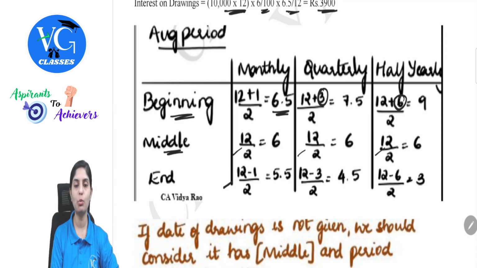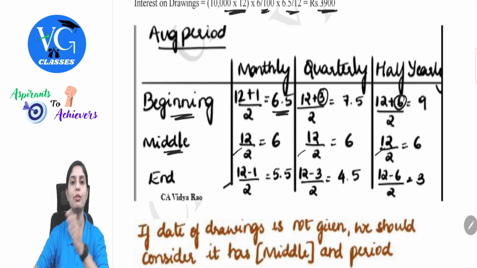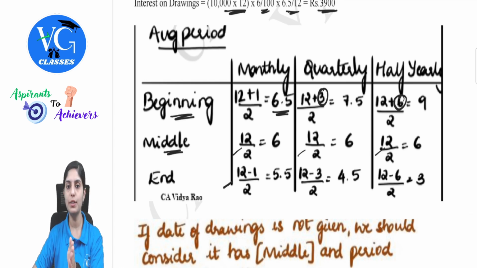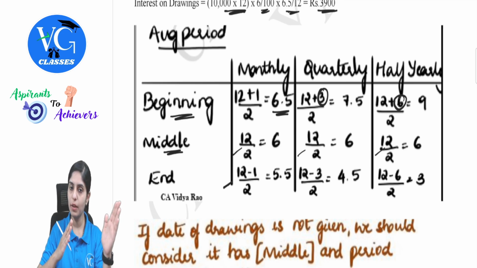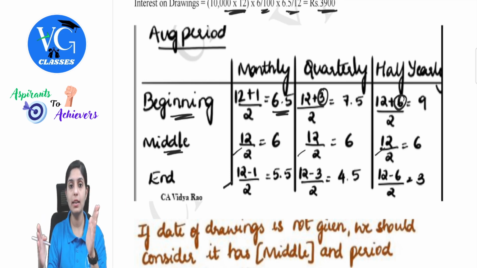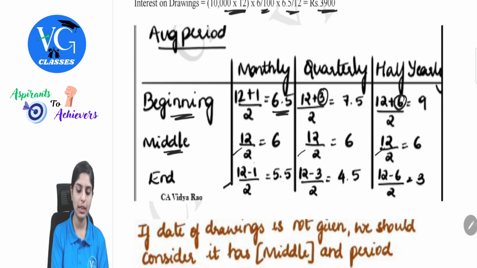This is what is understood. 12 minus 1 by 2, end of the month. For example, assume you're drawing every end of the month, 30th April, 31st May, likewise. So in that case, time left after first drawing, you're drawing on 30th April, so we will leave the month of April. How many months will be remaining? Just 11.